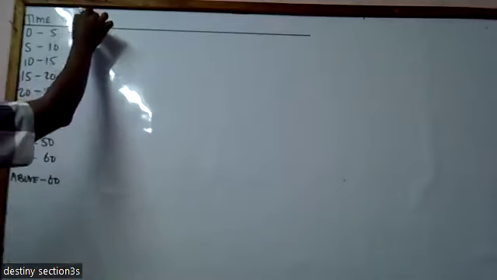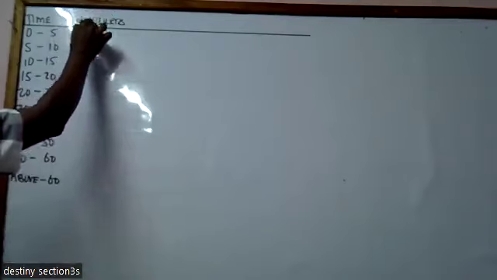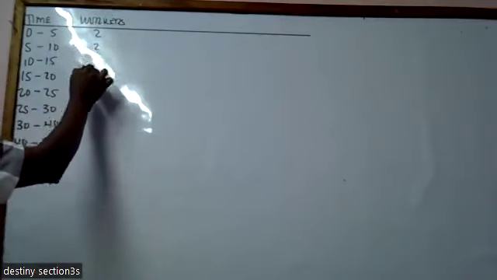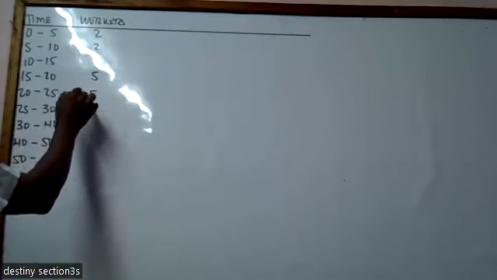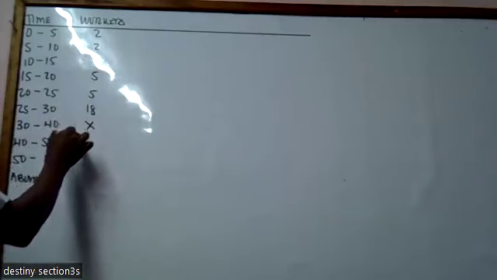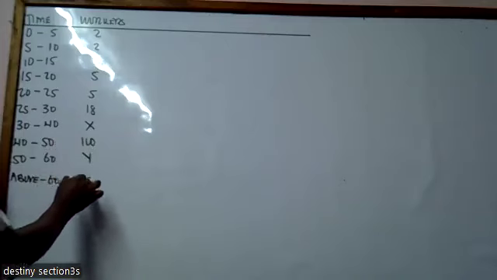Then we have the workers. The workers are 2, 2, 3, 5, 5, 18, X, 100, Y, 15.